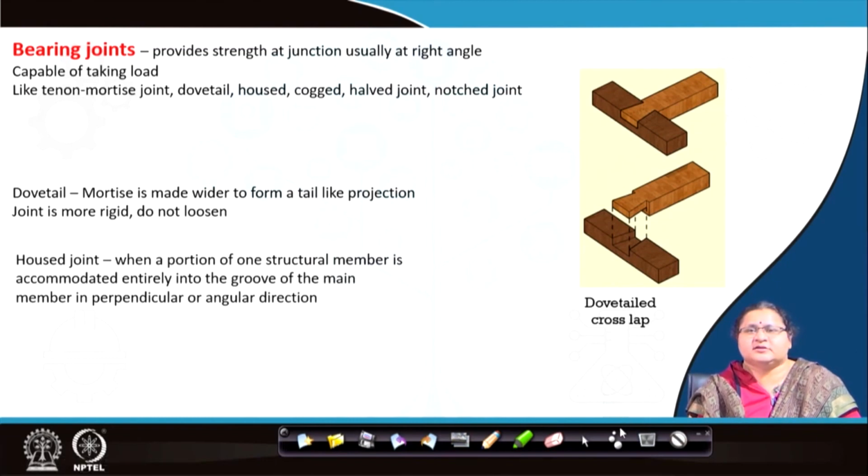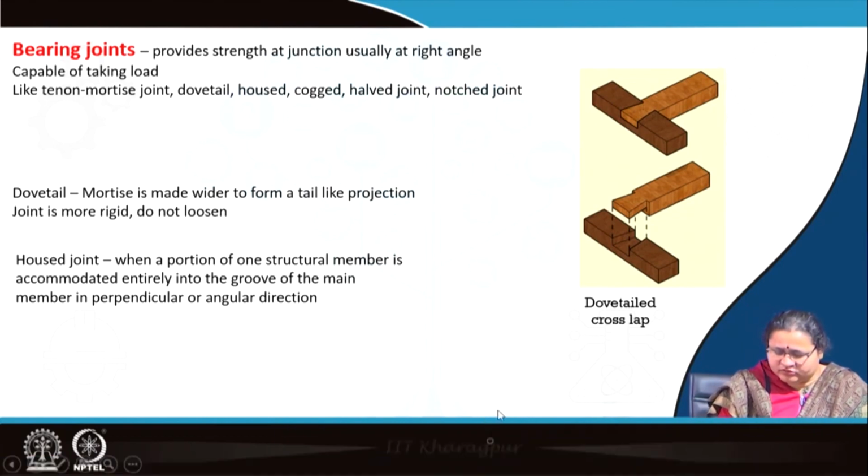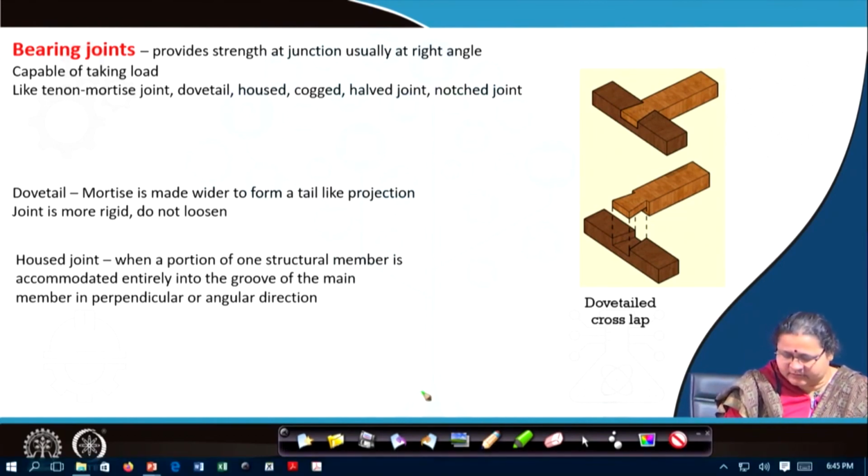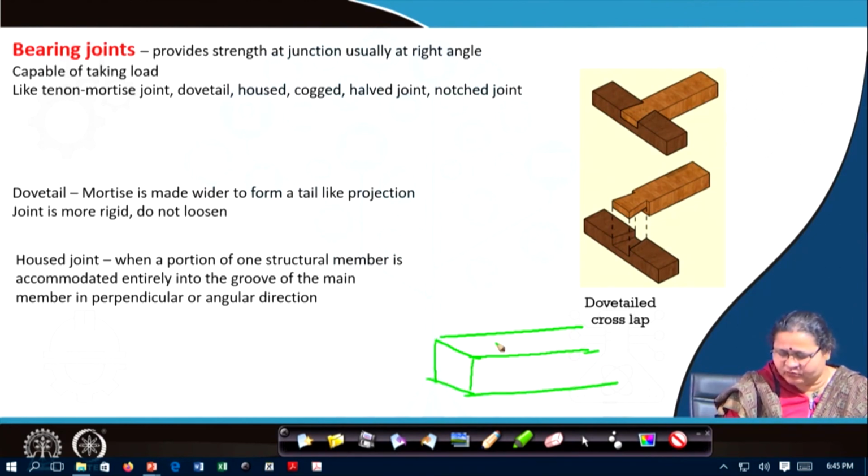We have housed joint, as I told you, one portion which is a structural member. So, if I draw it like this, so this housed joint, say this is a member cross section which is quite heavy piece, will have the notch or the groove which will go inside up to a given distance, and the member which will come out of it will totally be housed inside it.